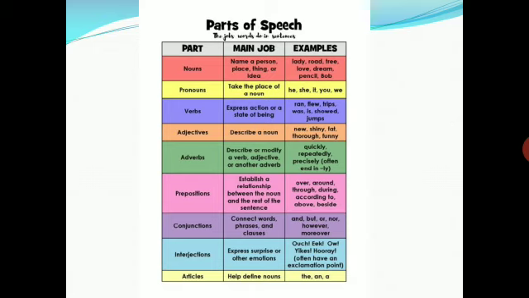For example, ouch, eek, oops, yikes, hooray. They have an exclamation mark after them. Then we have articles. They help define nouns and they are the, an, a. Now that we have gone through the parts of speech, let's move on and take one at a time.